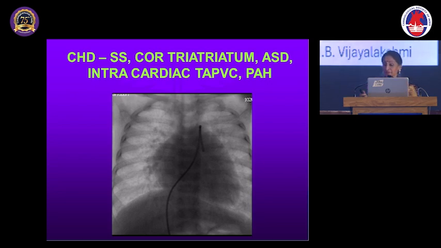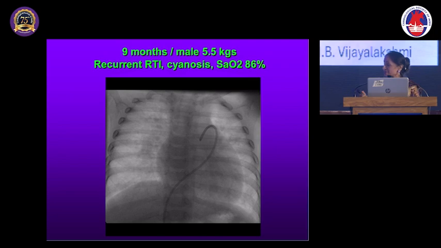So what do you see here? Pigtail is in which ventricle? It is LV, but what has happened is there is a hypertrabeculation. So there is a non-compaction. Just because there is a hypertrabeculation, don't jump to the conclusion that it is the RV.